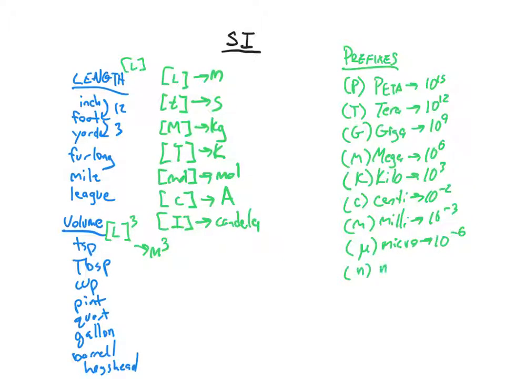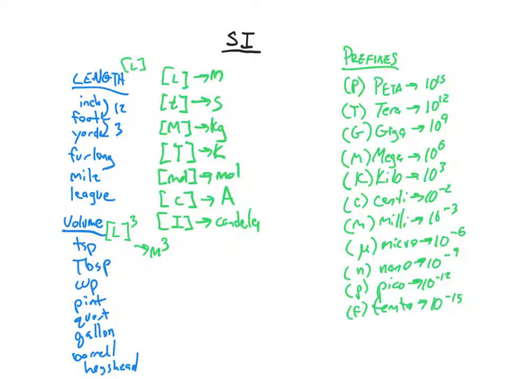Nano, 10 to the minus 9. Pico, 10 to the minus 12. And femto is 10 to the minus 15, right? So you can cover a wide range of scales here, right?